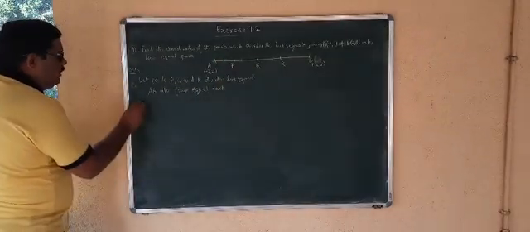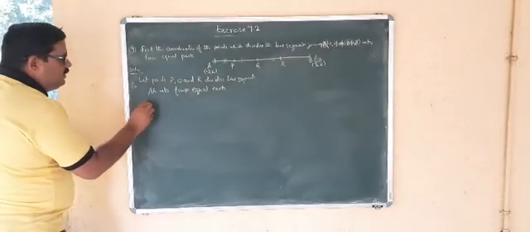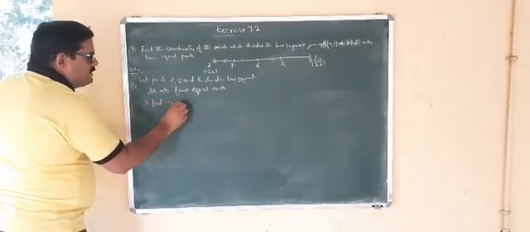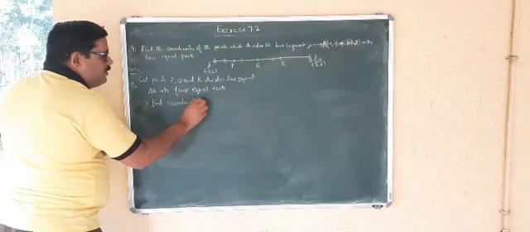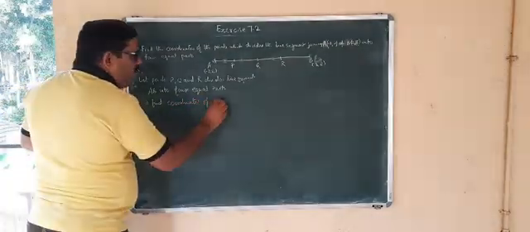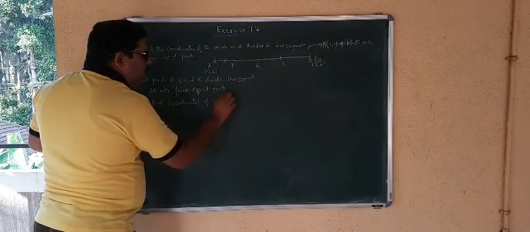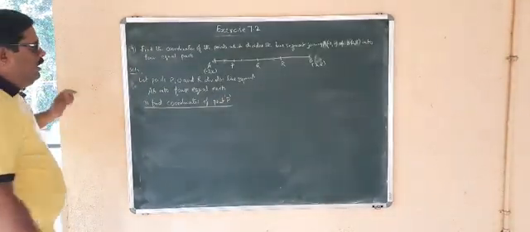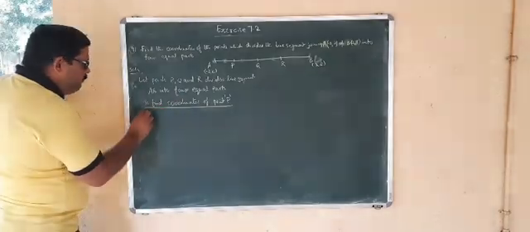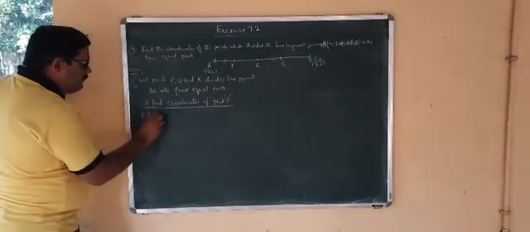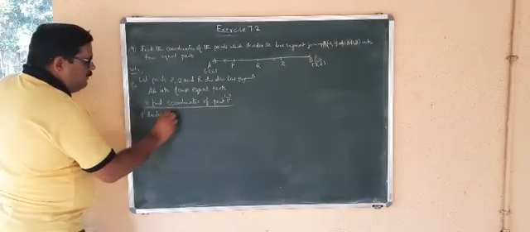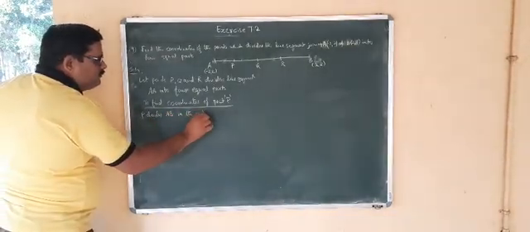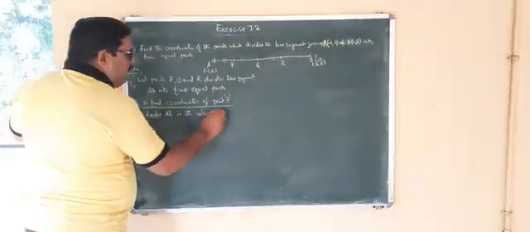Now, the first one, that is to find coordinates of point P. P divides AB in the ratio 1:3.